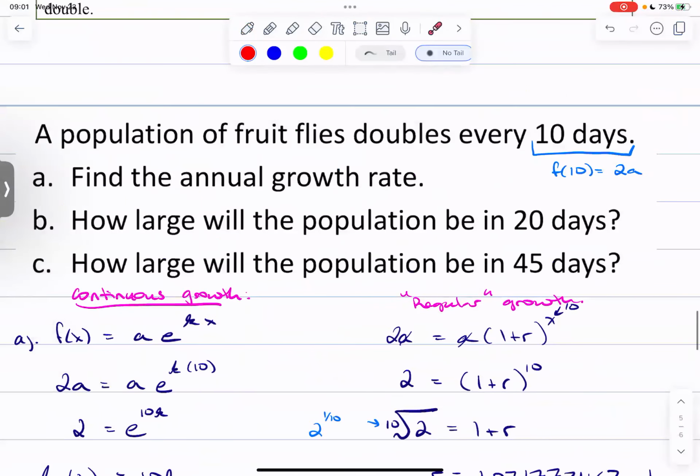Because if we know that it takes 10 days to double, then in 20 days, you've doubled twice, 2 times 2A, so it should be 4A.